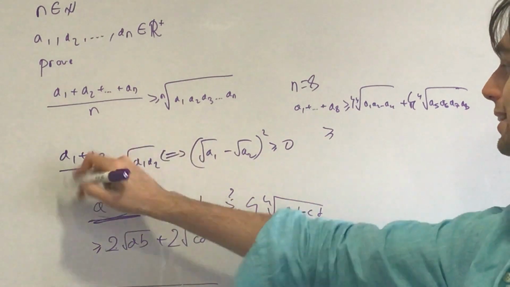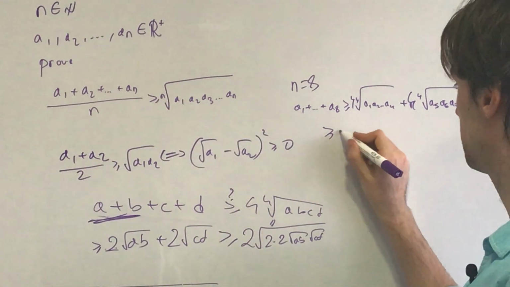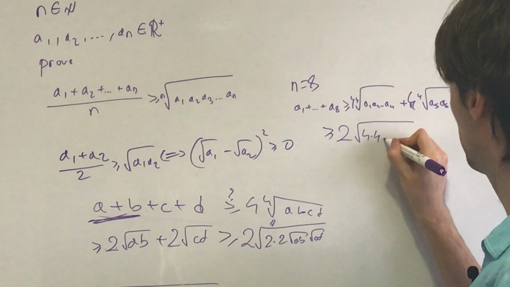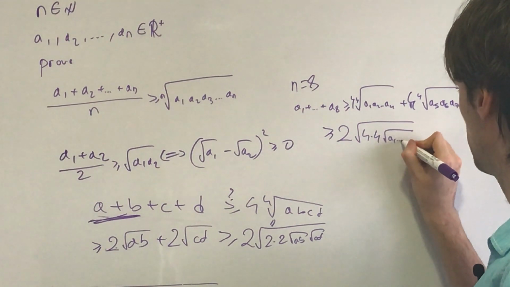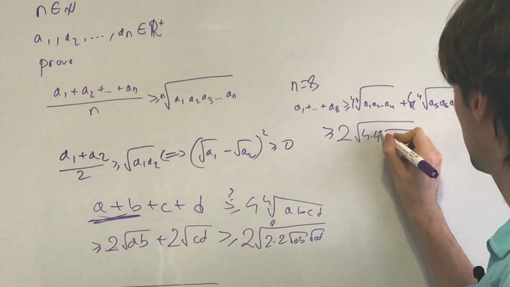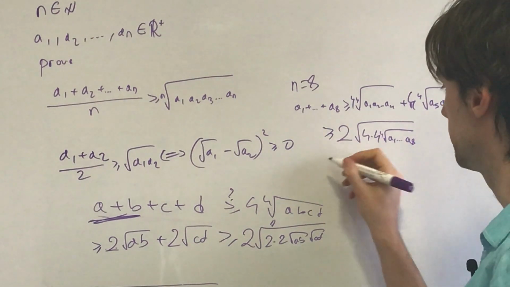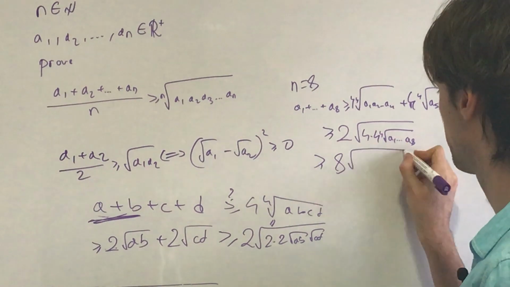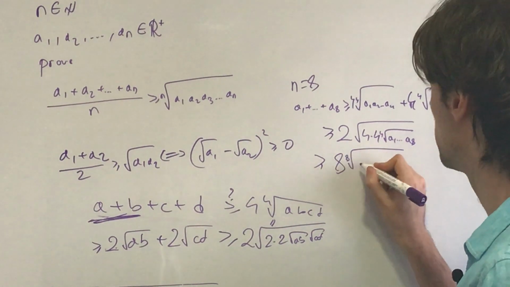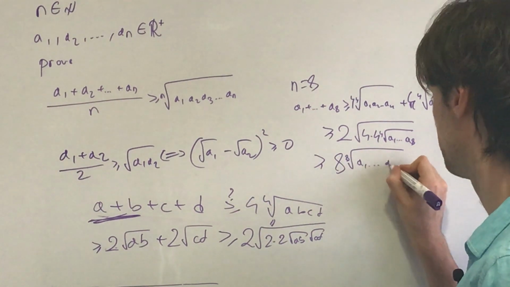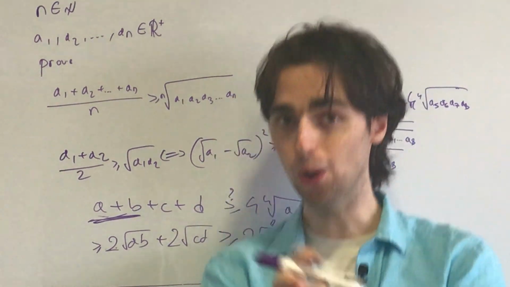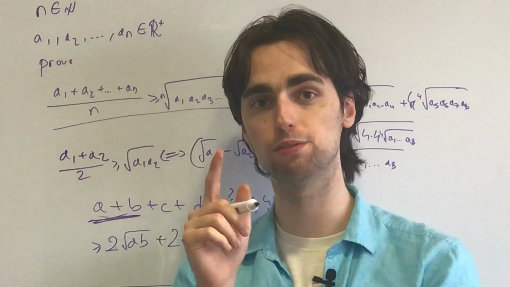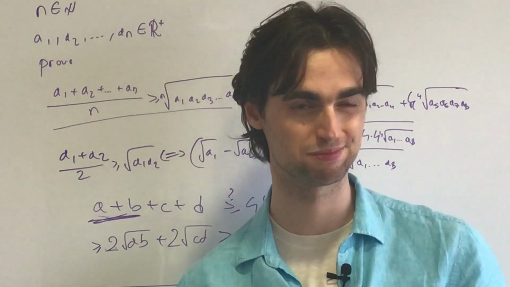And then when we apply this thing right here, this will be greater than or equal to 2 times square root of 4 times 4, the 8th root of a1 through a8, the 4th root of this. And when you get rid of the square root, you have 8 roots of a1 through a8. Right. So now what we have is this inequality proved for every power of 2.